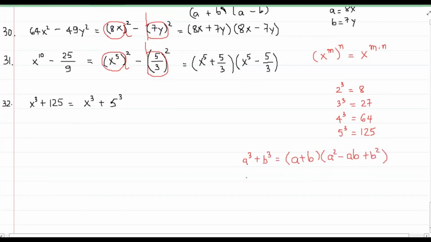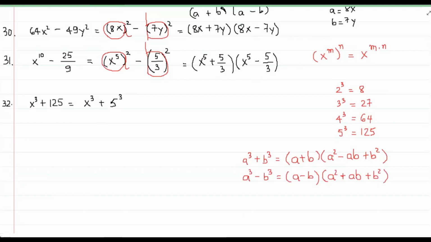Okay, if it's a cubed minus b cubed, that will become a minus b times a squared plus ab plus b squared.